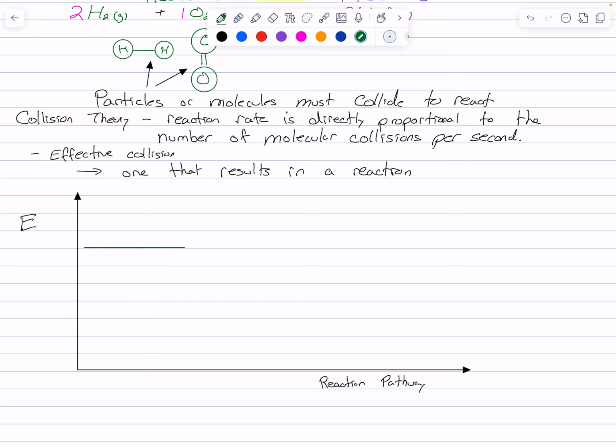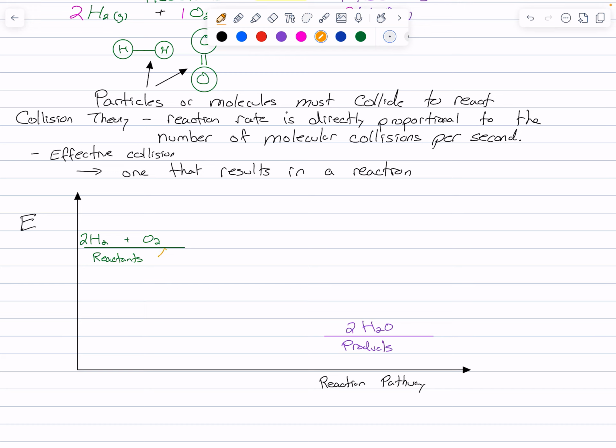So in our case, this is our reactants. I've got H2 and O2 up here. Okay. Now, we have products over here. And this would be our H2O. Two of them and two of those.